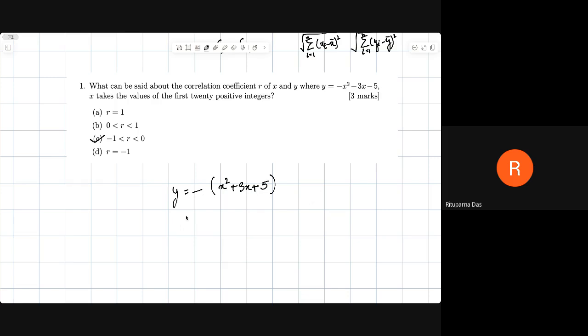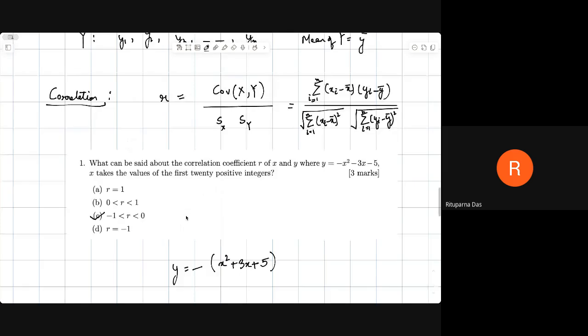So if y is, say, first minus 14, then minus 15, then minus 16, because we are increasing x, the y is decreasing, right? So if y decreases as x increases, then the correlation coefficient is between 0 and minus 1.